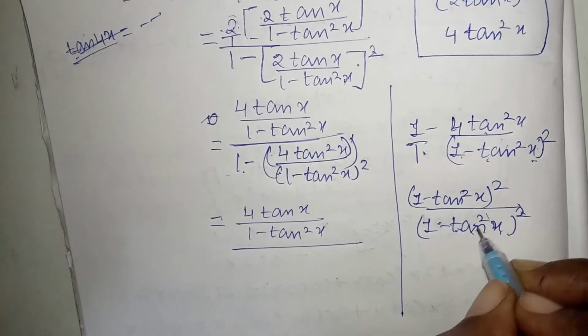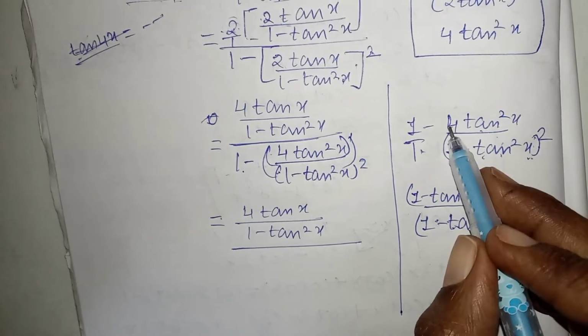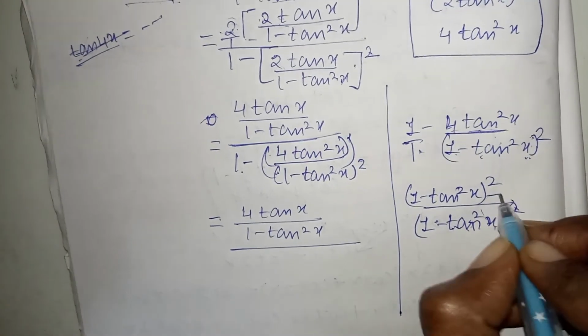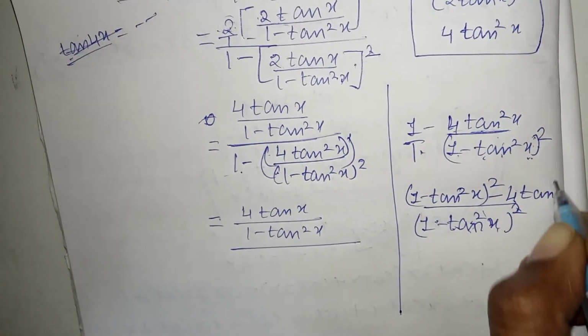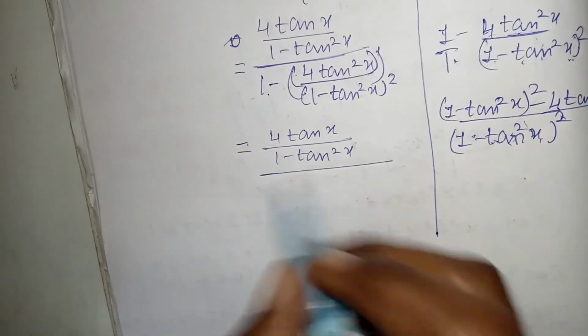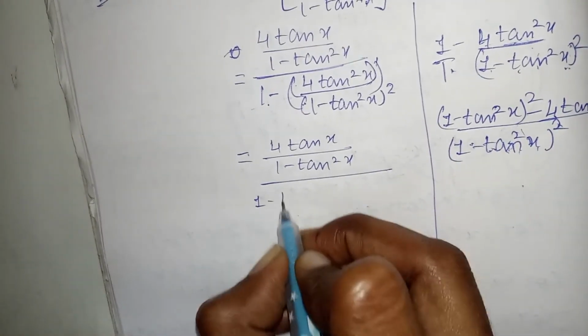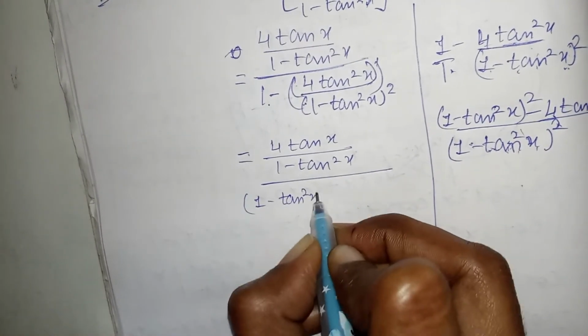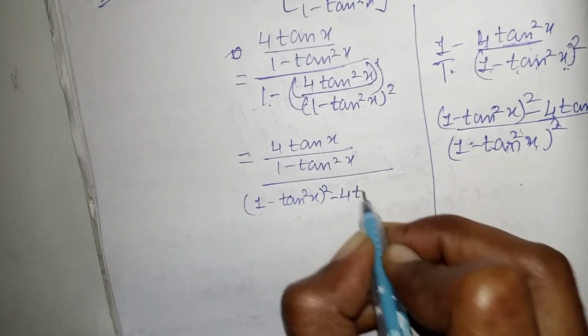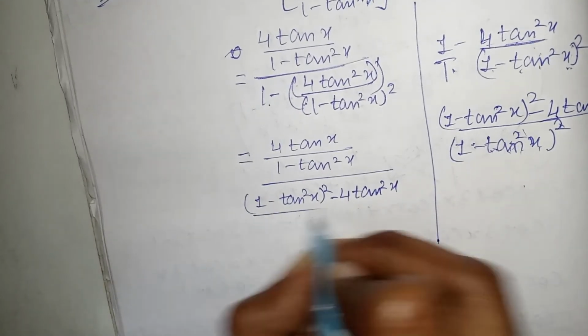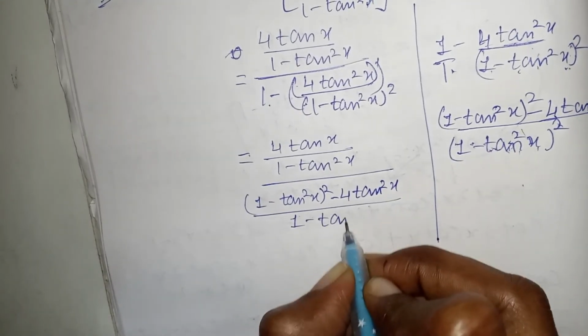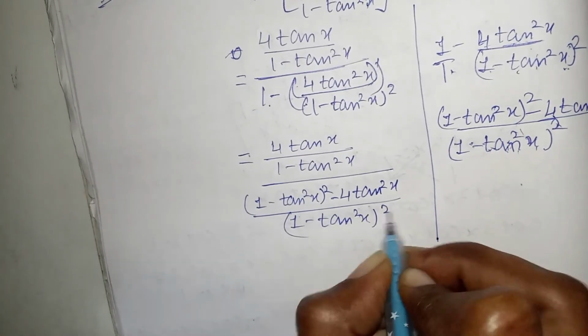So when they are both same, it will get cancelled. What is left out? 4 tan square x. So you have to write like this. Okay. So what you have to write over here? Like this one. By 1 minus tan square x whole square.